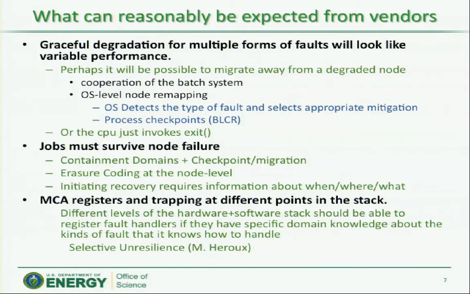And occasionally, say the load balancer or the scheduler is running, there are parts even in the runtime system that really couldn't recover from their own errors. So for that time, you unhook yourself from the register and let the OS handle it again. And as soon as you can possibly do it, you put yourself back in. So at different levels of the stack, you can say, I can do something smarter right here.